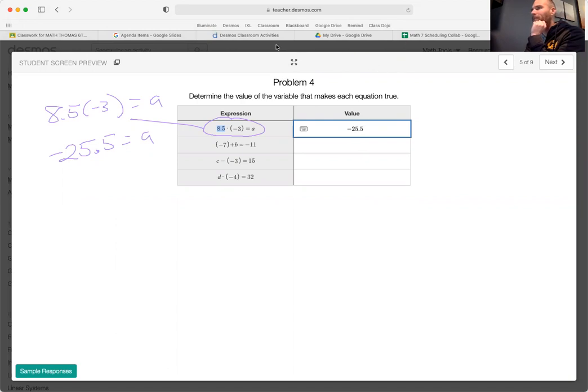And let me get a different color. We'll go with red. Next, we have -7 plus B equals -11. I want you to think of this one this way. Let's do it tape diagram style, the way that the lesson does it, right? So let's say you had a tape diagram here, or well, this is more like the total. And it says the total length of this tape diagram is -11.